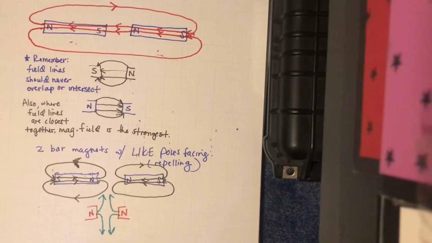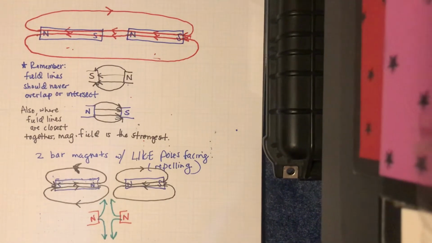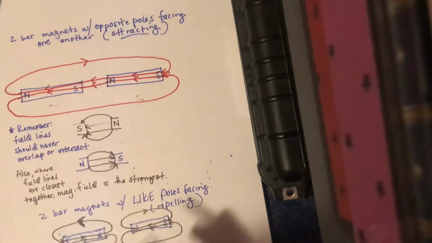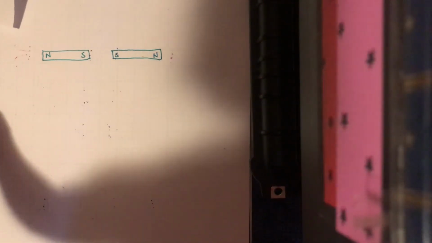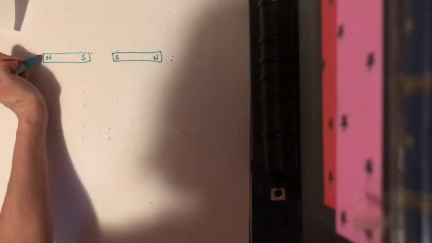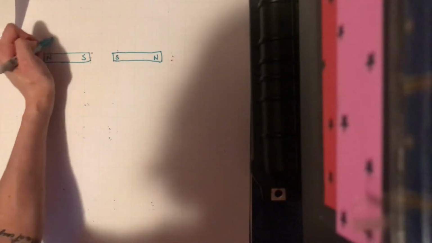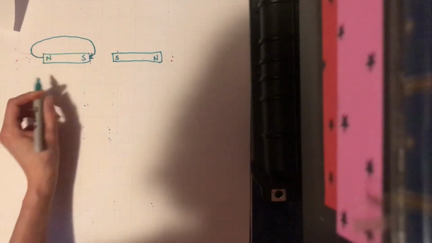Okay, so now let's do the same thing, but this time with two south poles facing each other. So let's do south and north, south and north. So we're going to draw the magnetic field lines over here. Again, external to the magnet, it's from north to south, like this.